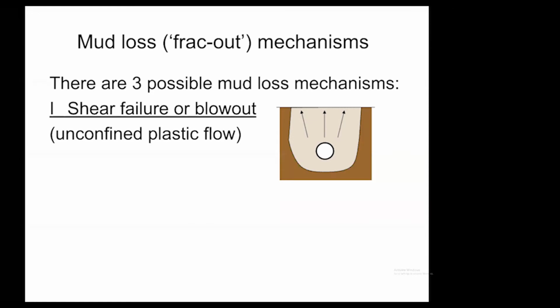And this is where that internal pressure within the borehole from the mud will cause the soil around the borehole to go into a state of shear failure, lose its ability to resist flow of that soil. And then if that zone of shear failure reaches the surface, we'll have mud flowing to the surface.